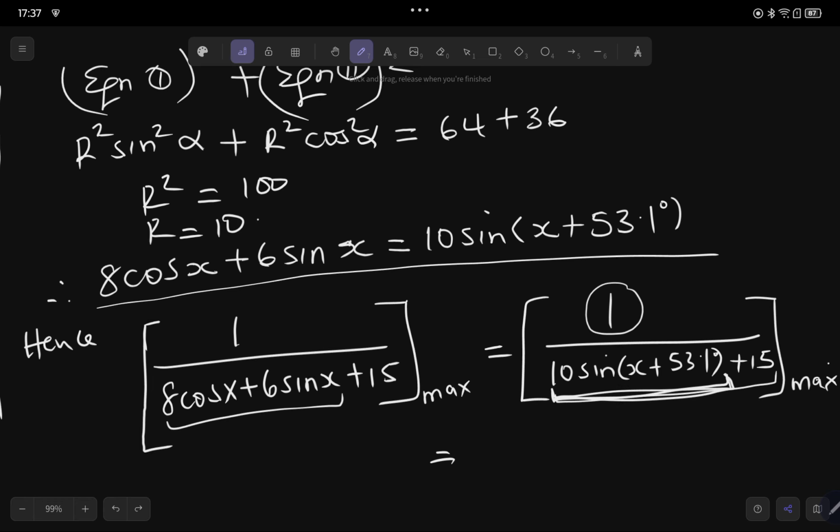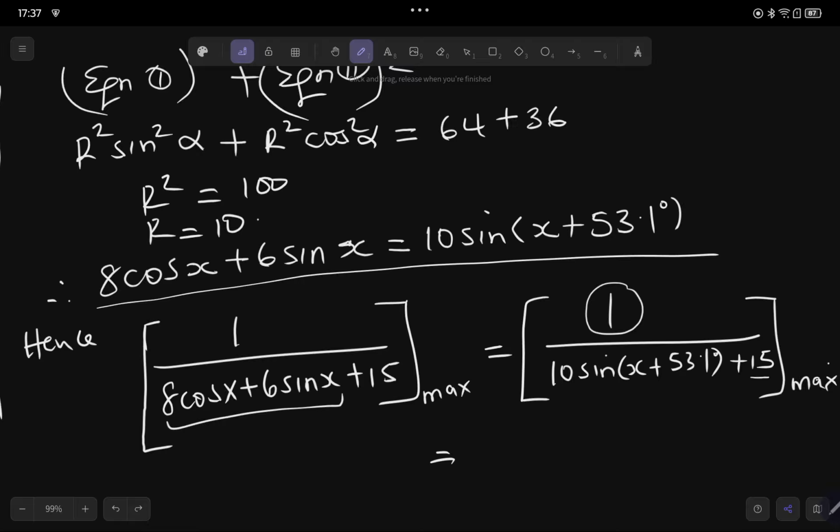Now, for this thing to be a maximum, as we have said, you are supposed to divide something amongst very few. So down here, we are supposed to have as small as possible a denominator. For this to be as small as possible, the thing you are adding should be as small as possible.